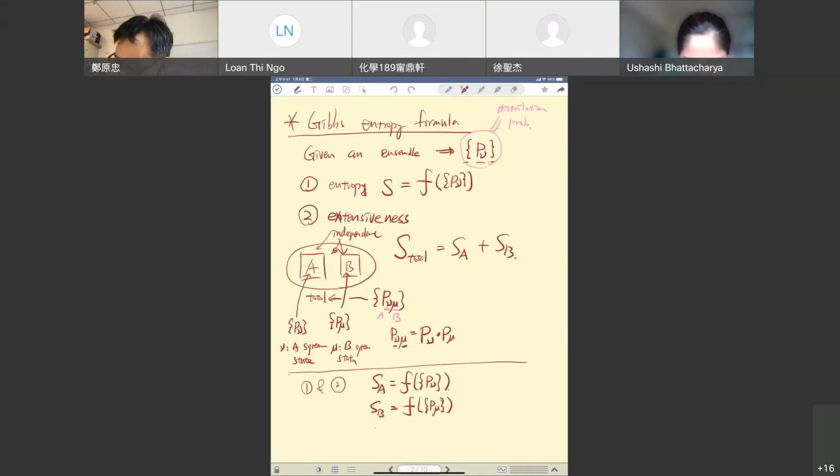The S total should be calculated from this function of P nu times P mu.